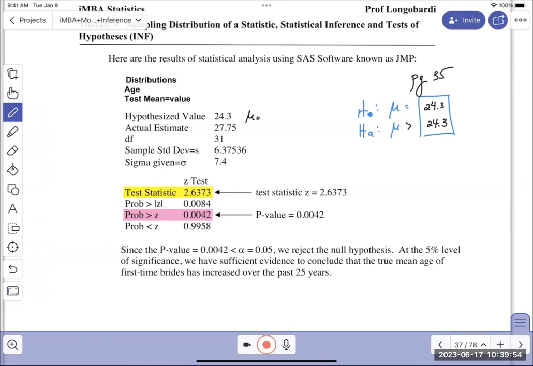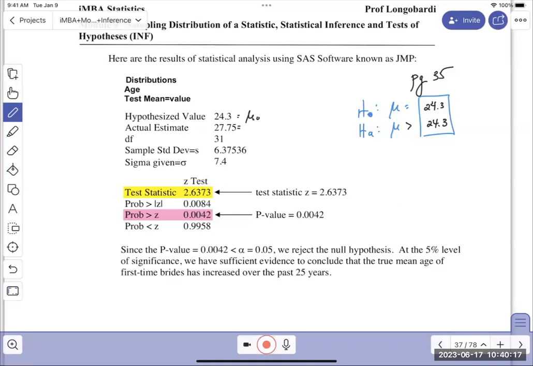We have the actual estimate. What's that? X bar, right? It's going to be X bar.